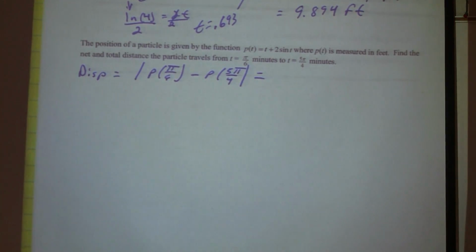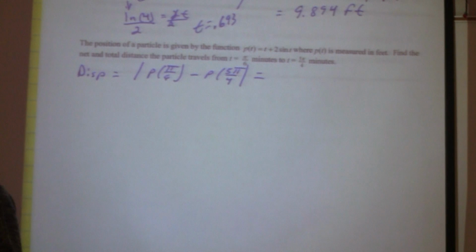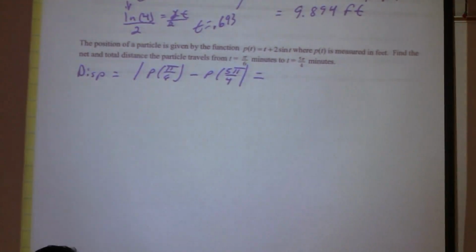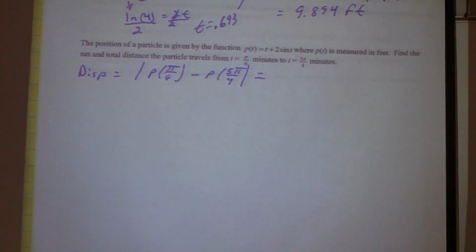Let's do it. Now I gotta change the equation that I have in my calculator, right? Or I could just add another one. And remember what function it was. X plus 2 sine x. Let's see what you end up.